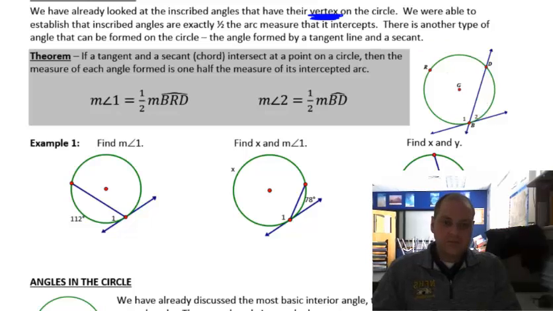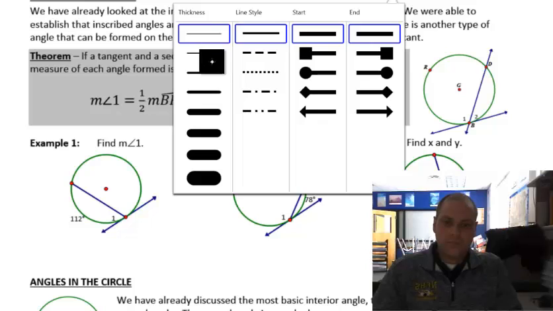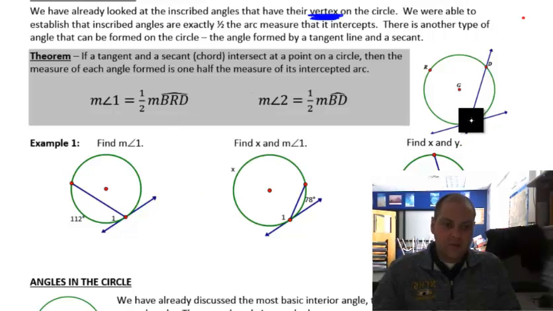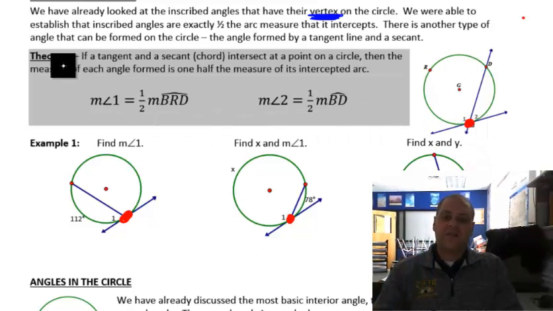So right here, and I'm going to make it a little thicker. Right here, see that? How it's on the circle? All these examples, the vertex is on the circle.